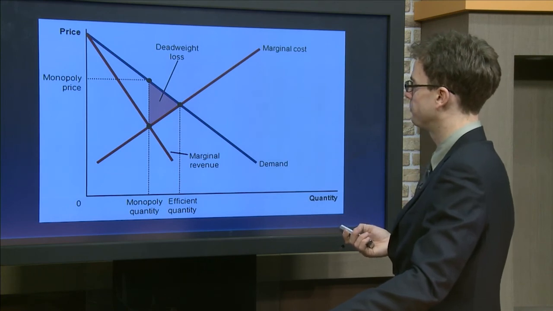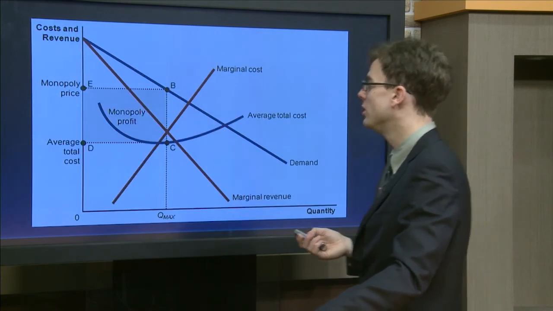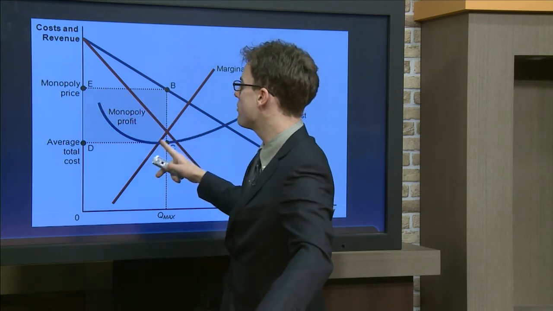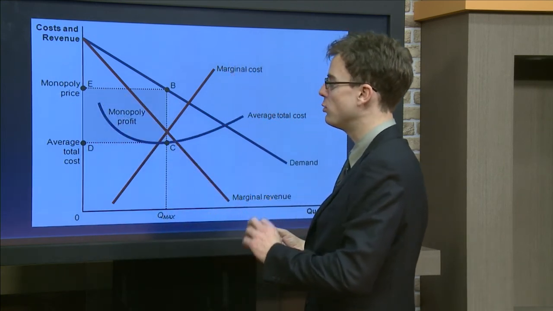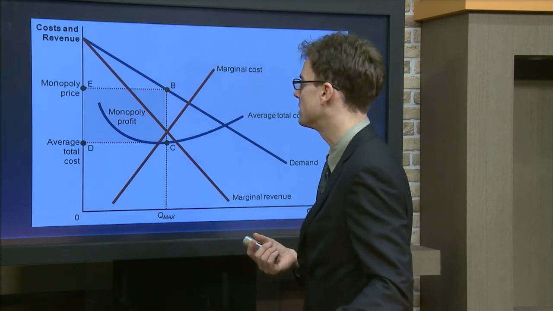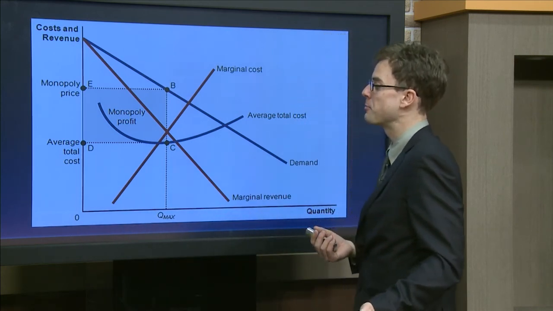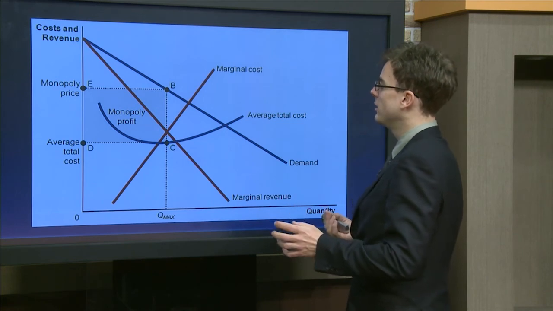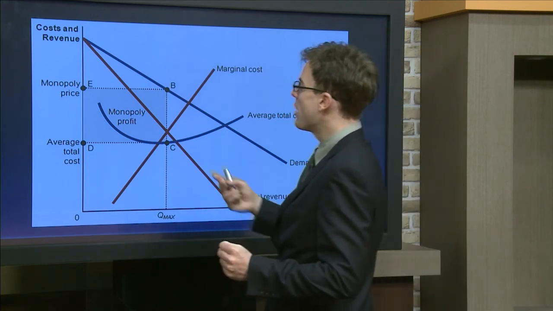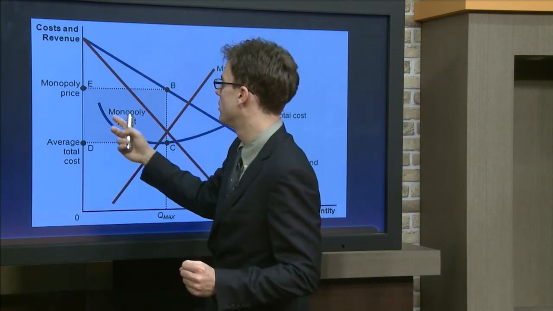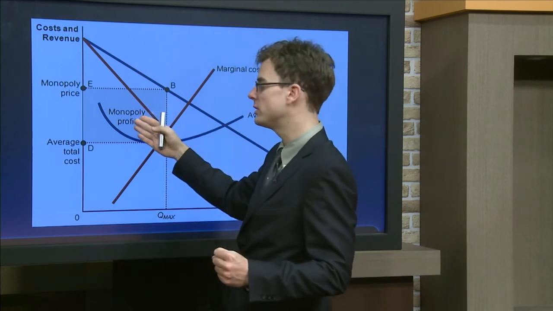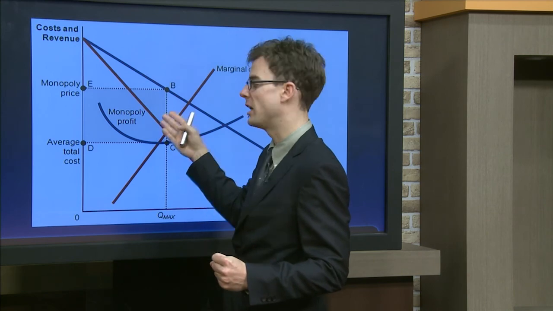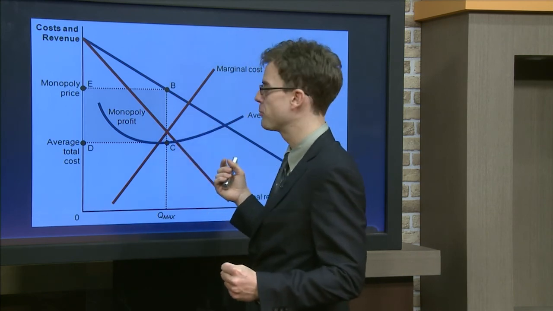As a small side note, when we compare profits, you might be confused about the difference between the profit that monopoly earns and the producer surplus. Remember that monopoly profit is the difference between total revenues, variable costs, and fixed costs of production.